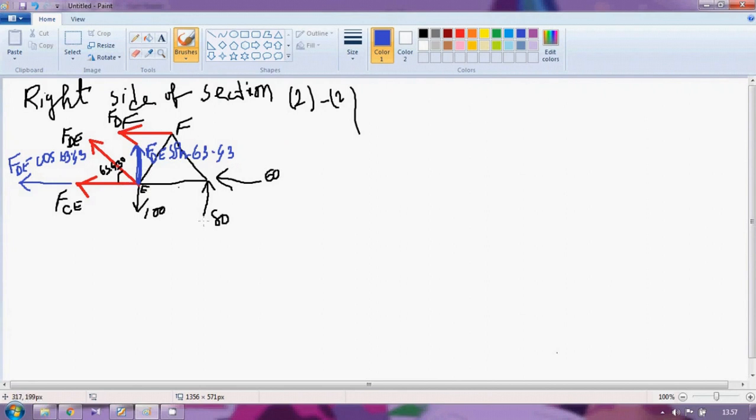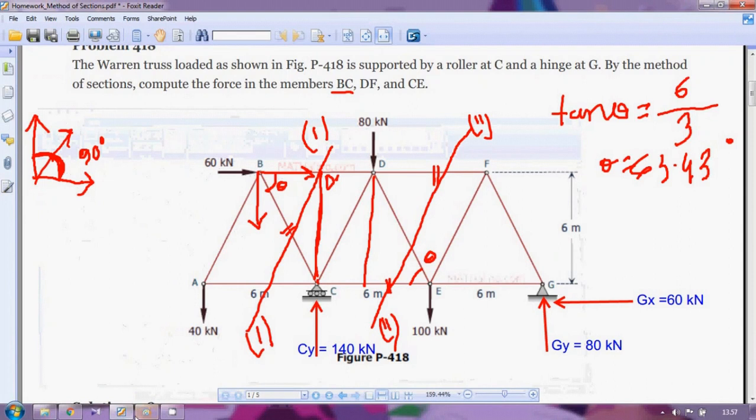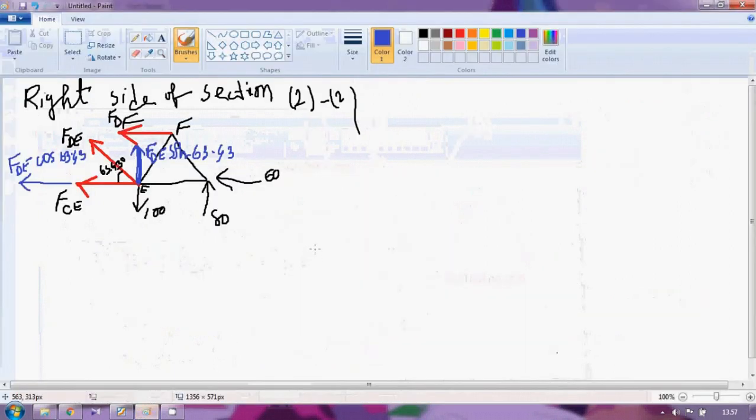Okay, perfect. Now we have to determine the member forces FDF and FCE. So what can we do? You know that FDF is unknown, FDE is unknown, FCE is also unknown.